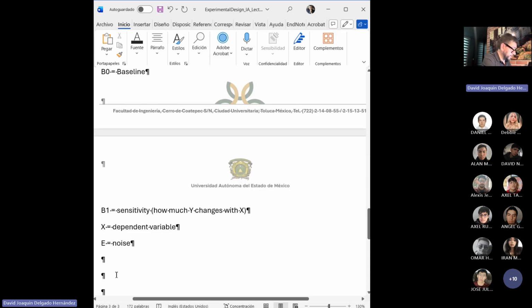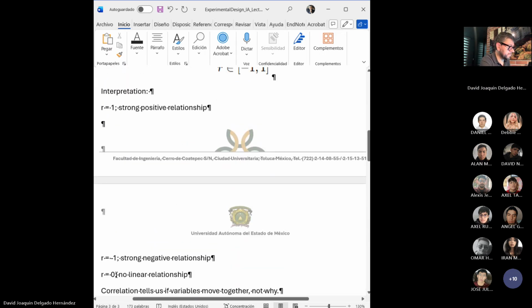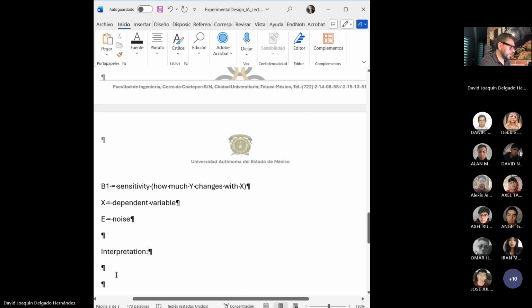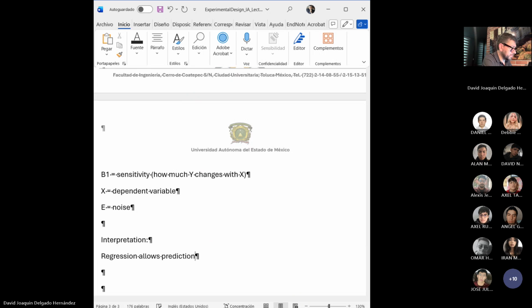So what is the interpretation? Regression allows prediction and system understanding.